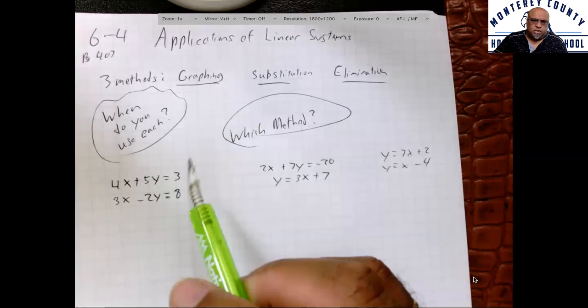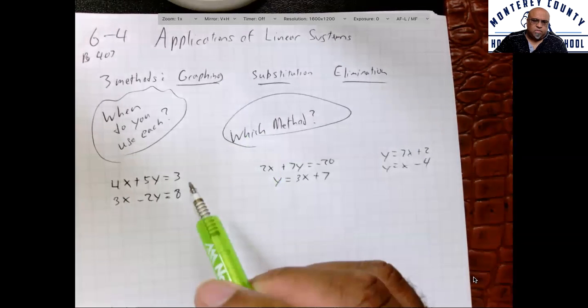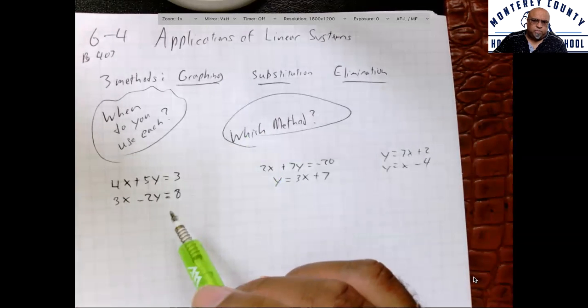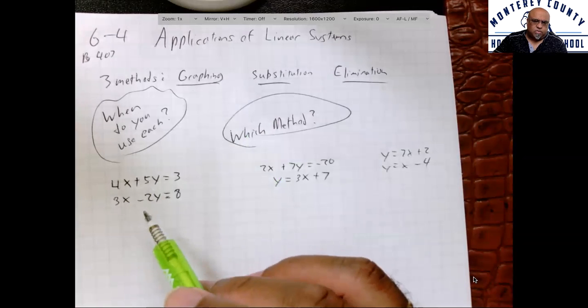Okay, let's take a look at it for substitution. Is either variable isolated? No, the y's and x's all have numbers and coefficients attached to them. Would it be really easy to isolate one of them? No, it's going to completely change the entire equation if I wanted to isolate x or y.